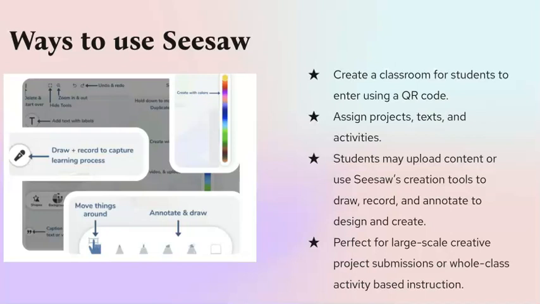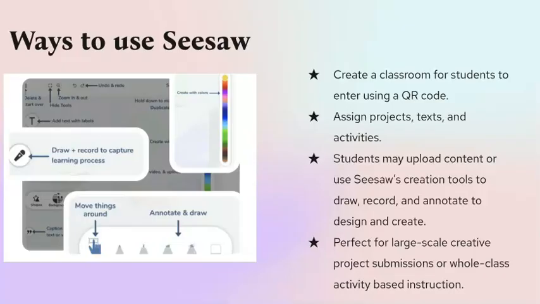Ways to use Seesaw. Seesaw can be used with all these tools for students to create their own content. What the educator needs to do is create a classroom for students to enter using a QR code, and assign projects, tests, and activities straight through Seesaw.